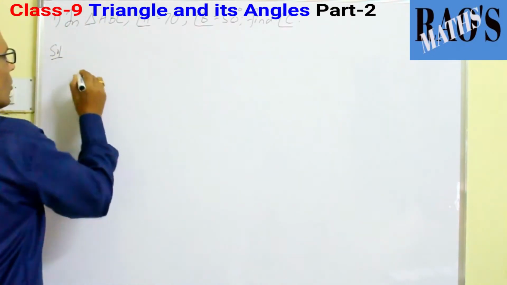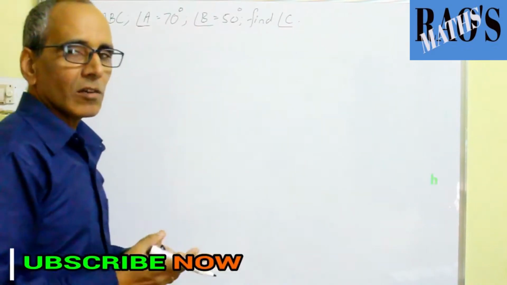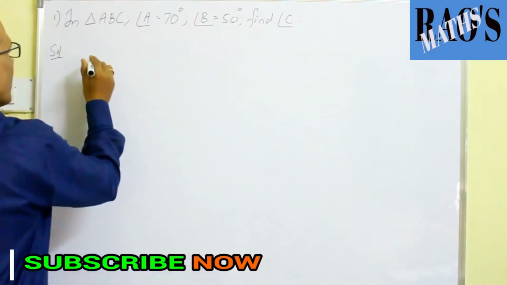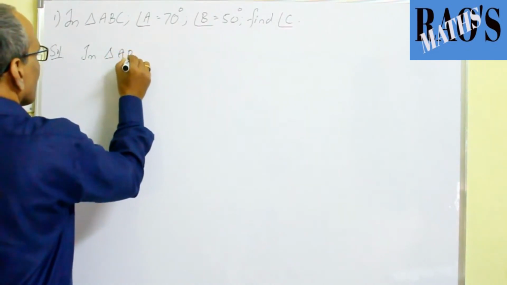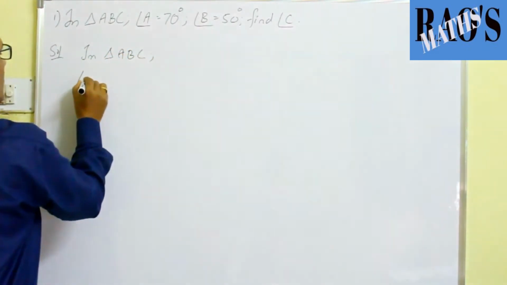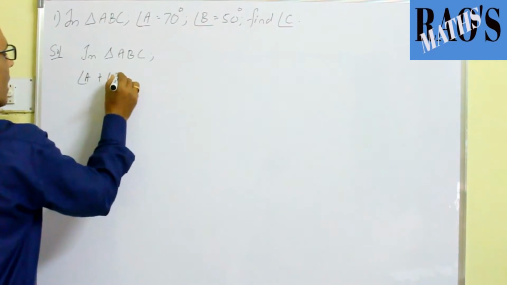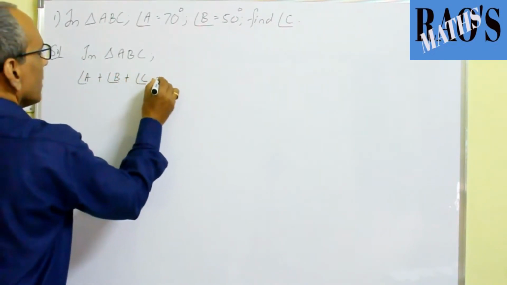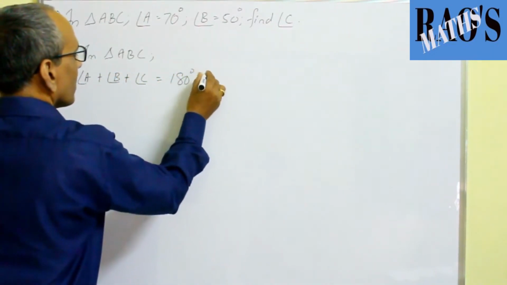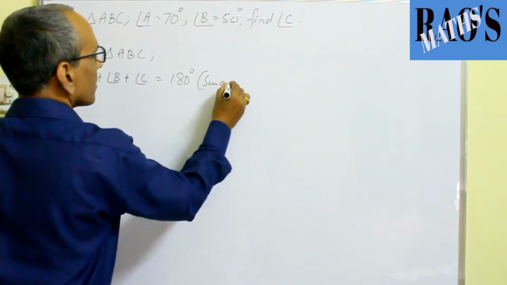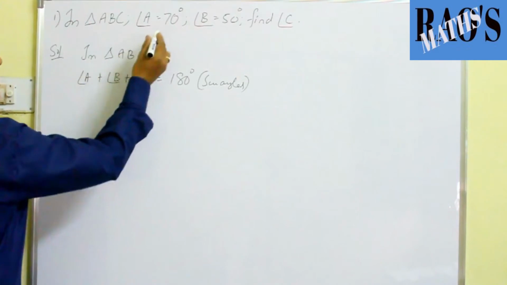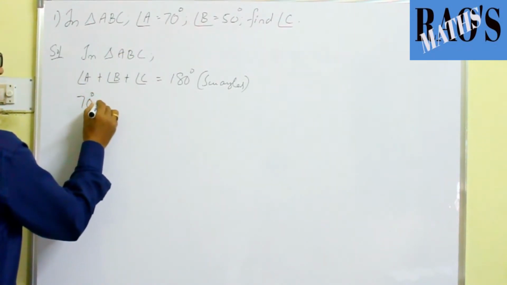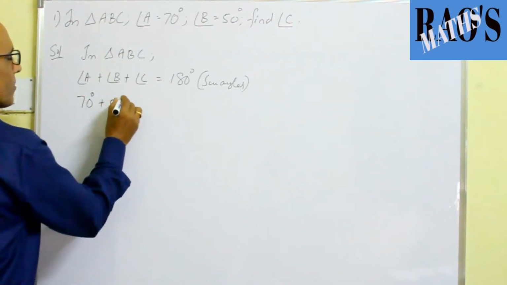Solution. We know the sum of three angles of any triangle is always 180 degrees. So I write, in triangle ABC, I have three angles, that is angle A, angle B, angle C, whose sum is 180 degrees by the sum angle property. A is known to be 70 degrees and B is 50 degrees.